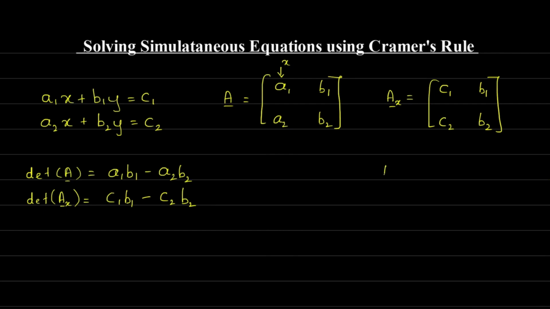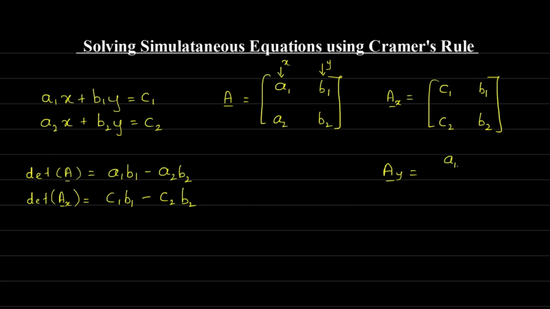Similarly, again we are going to define another matrix Ay, and as you may have already guessed, it's the same thing that we did before, except we replace this column with c1 and c2. So this is the y coefficient column, and instead of a1 and a2, we replace b1 and b2 with c1 and c2.